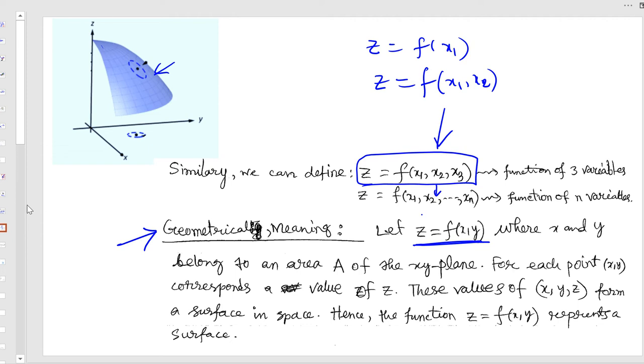So there are several-variable functions. As you know, a function goes from one domain to another, associating the members of the domain with the members of the codomain.